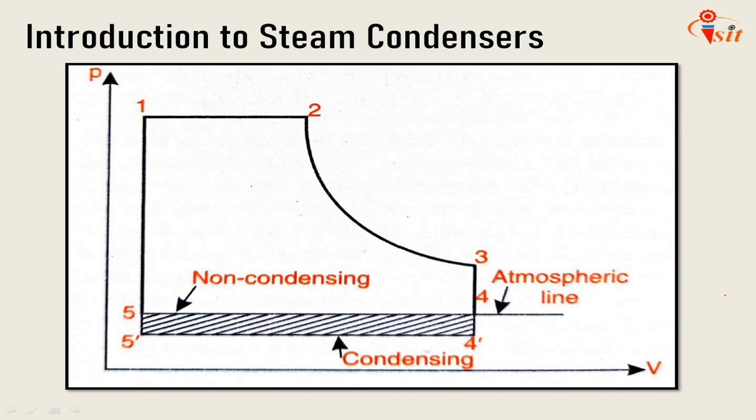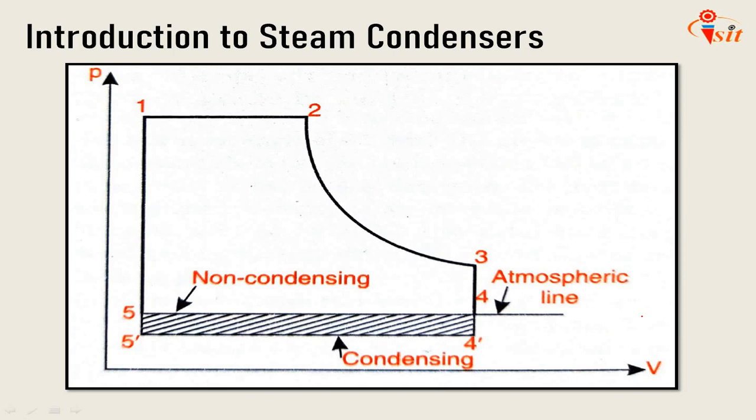A steam condenser is a device or an appliance in which steam condenses and heat released by steam is absorbed by water. It serves the following purposes. It maintains a very low back pressure on the exhaust side of the piston of the steam engine or turbine.